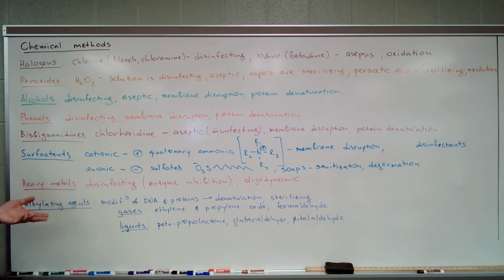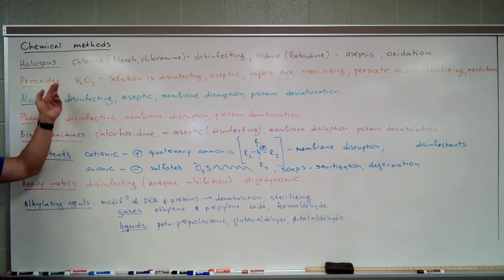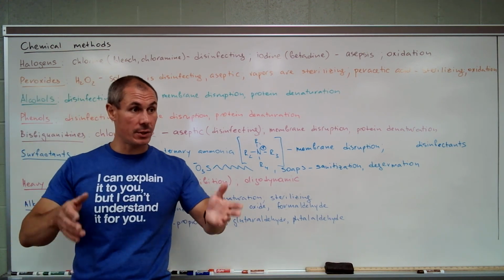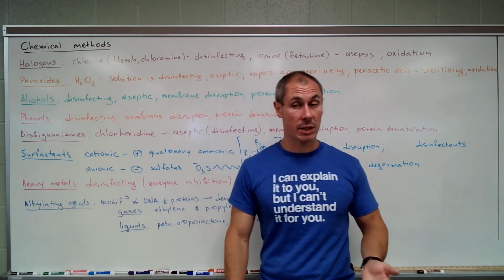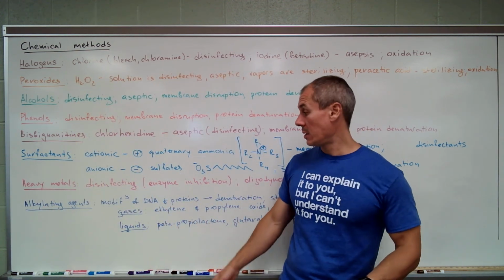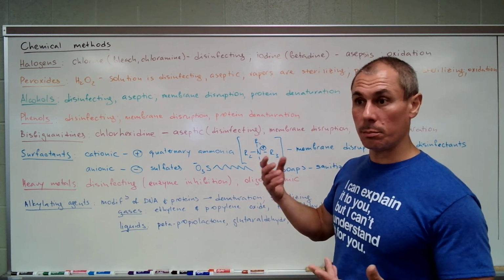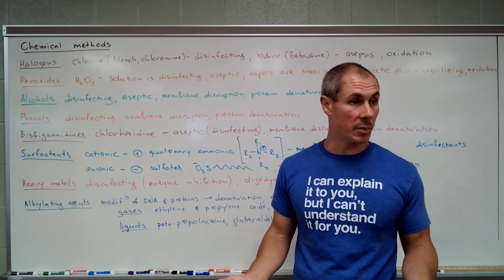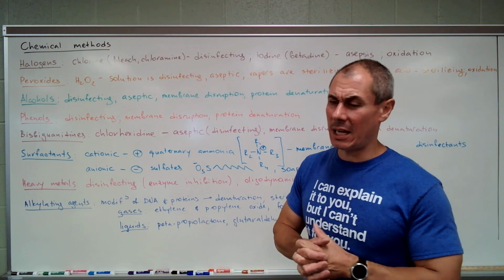Not used often. Alkylating agents are a little better because peroxides are very aggressive to the surfaces, to the metals. Does that make sense? Alkylating agents are only toxic to humans. So basically, if you stick some metal instruments into the ethylene oxide gas, they're going to be sterile and that's it. That makes sense? Usually it's not an issue.